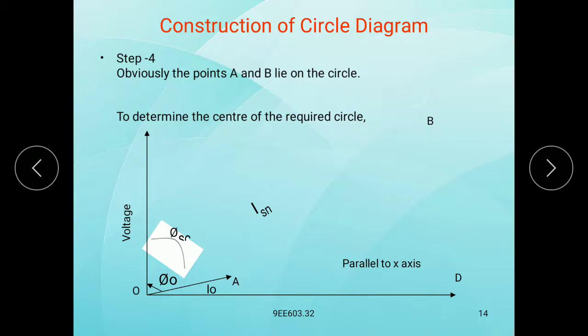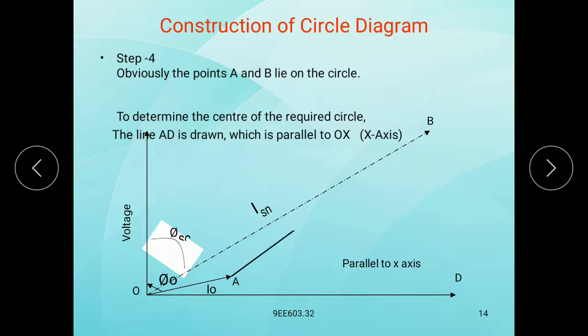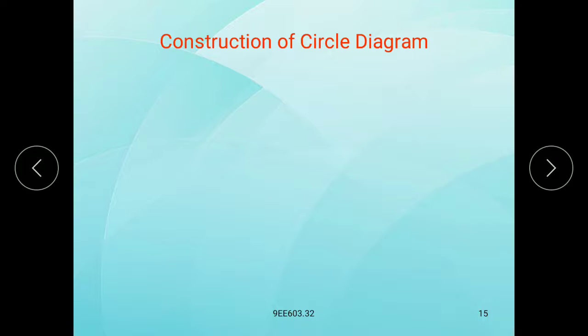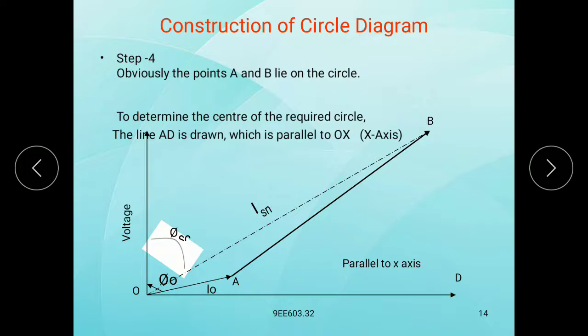To determine the center of the required circle, the line AD is drawn from A to D, parallel to OX, that is the x axis. Here we have OB, AB and AD.